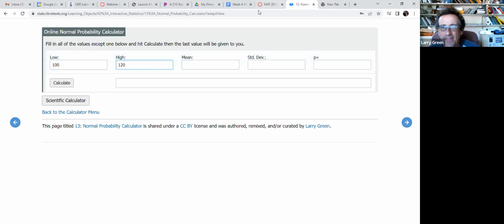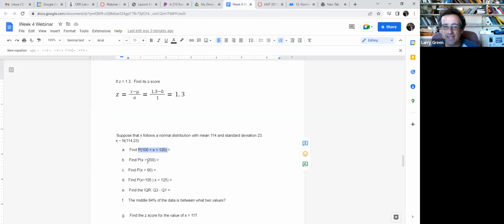Okay. And then we have the mean and standard deviation. What's the mean? And what's the standard deviation? Zero and 1 was for standard normal, but this isn't standard normal. Take a look. The mean is 114. The standard deviation is 23. Any questions on that?